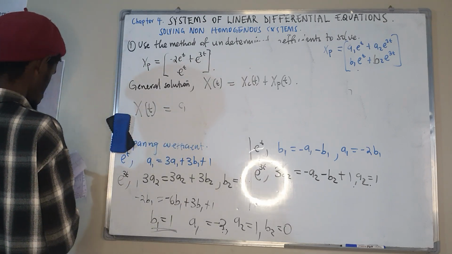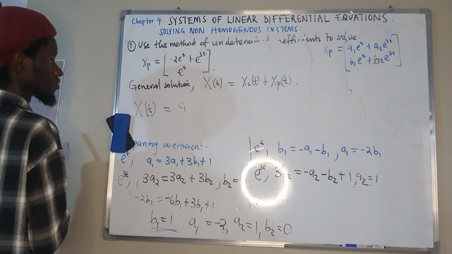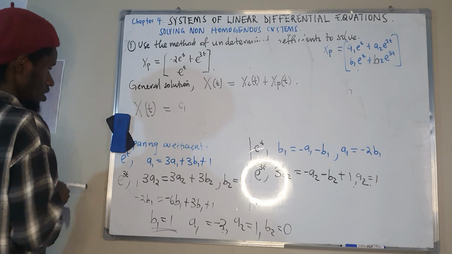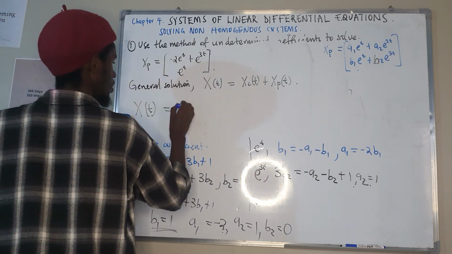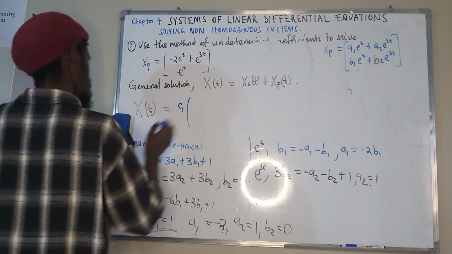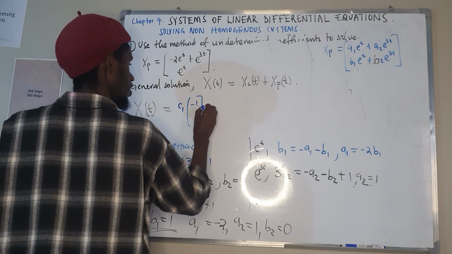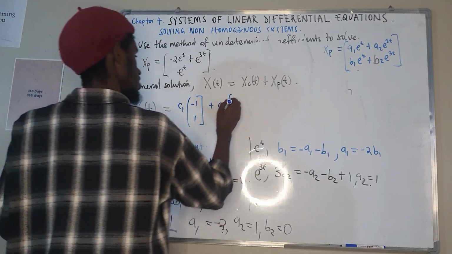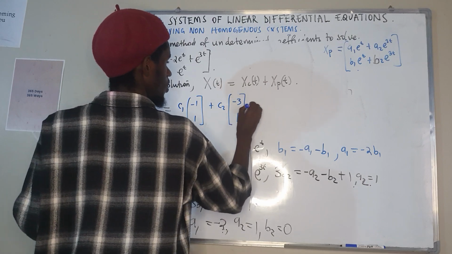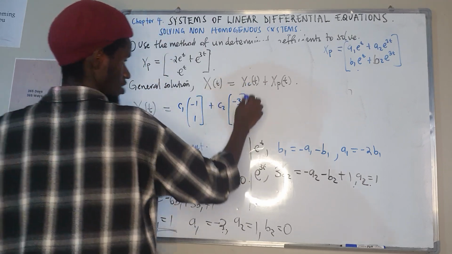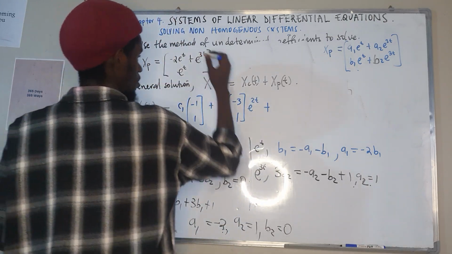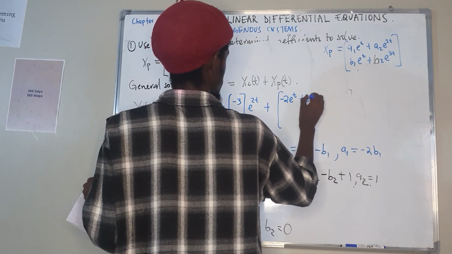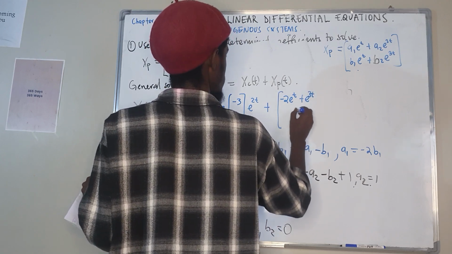It was c1 into x1 of t, which was c1 into negative 1, then e power 0, then plus c2, which was negative 3, then 1, e power 2t, now plus xp, which is this one: negative 2 e power t plus e power 3t, then e power t.